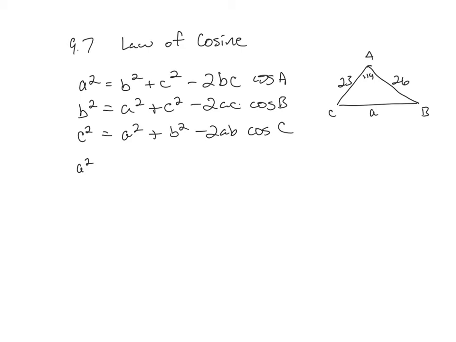I don't know what A is, so I'm just going to write A squared. Angle B is over here on the right. The side across from B is 23. Angle C is on the bottom. The side across from that is C. And the angle is 114 degrees.